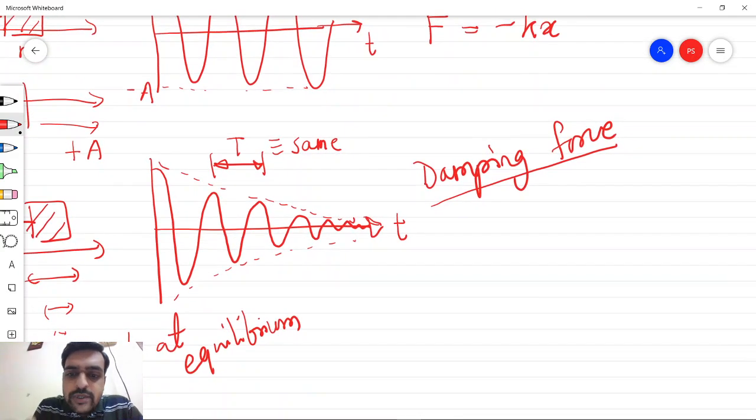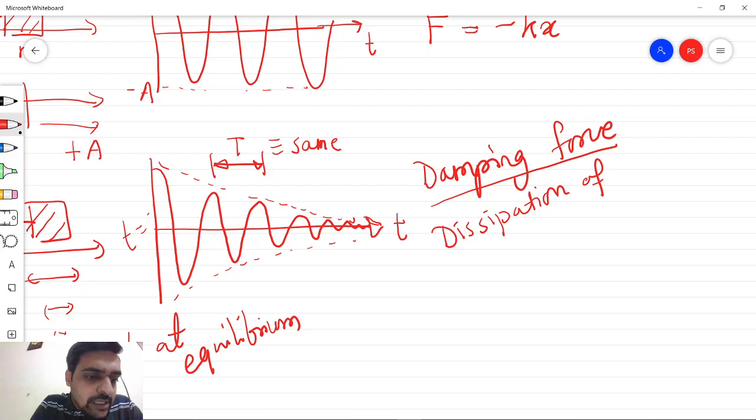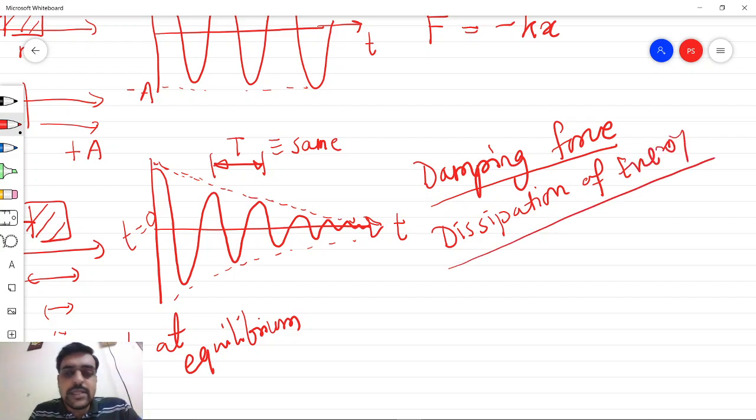The damping force is responsible for the dissipation of energy. That is, the energy given to the system at, say, t equal to 0 is eventually dissipated, that is, decreased. So the total energy is not the same throughout the motion, but it is dissipated to the surroundings.